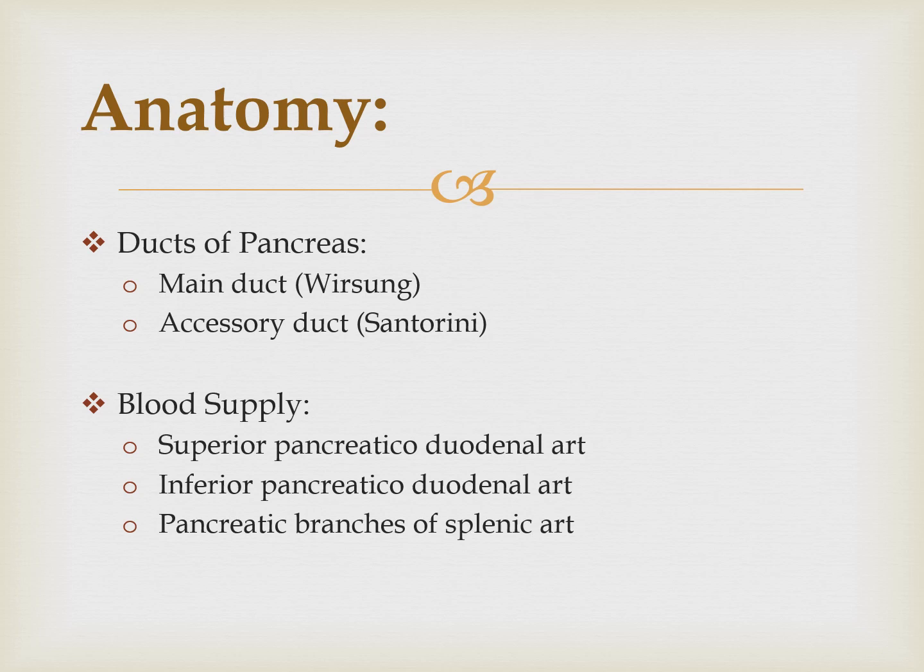The blood supply of the pancreas is the superior pancreatico-duodenal artery, inferior pancreatico-duodenal artery, and the pancreatic branches from the splenic.